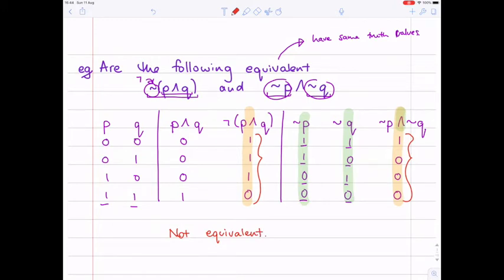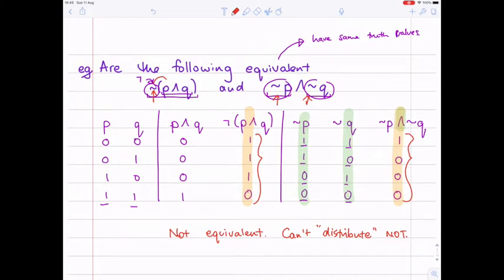This is quite an important thing to realize, because if you think in algebraic terms, you might have thought that if you have a not outside a bracket, you could just distribute it in, which is really what we did over here, but it turns out clearly you can't. So we can't distribute not.